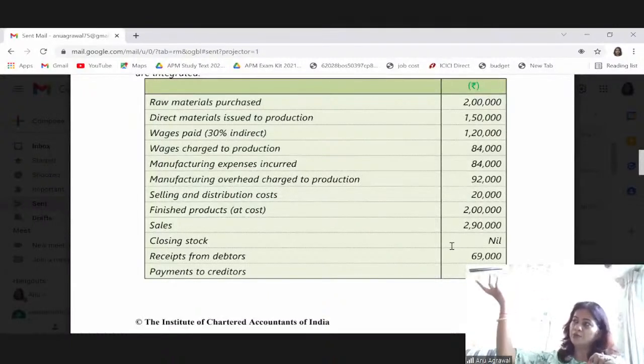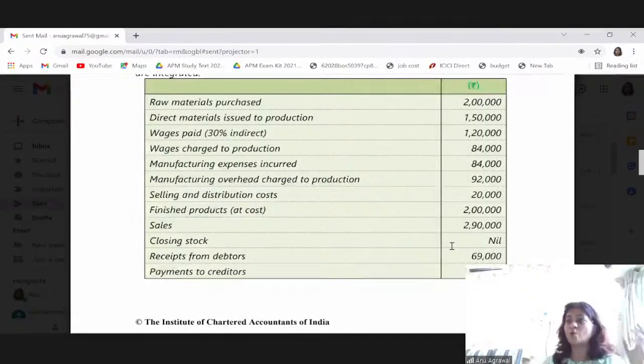Whatever you transfer to cost of sales, the goods for selling, the entry is cost of sales to finished goods account. Then whatever balance remains is the closing stock. So the closing stock balance at the end of the year, you just put it as the finished goods account balance. It's an opening and closing entry.